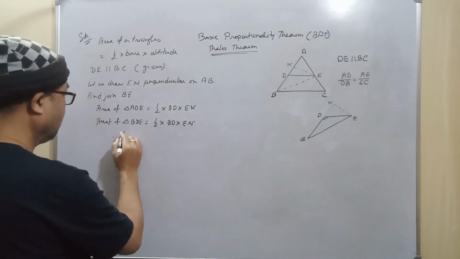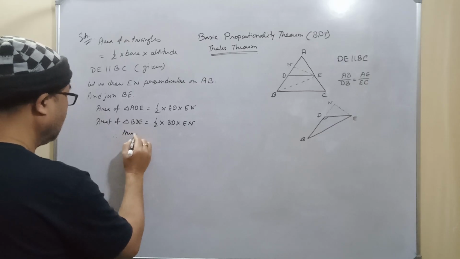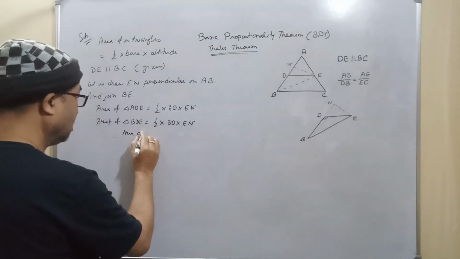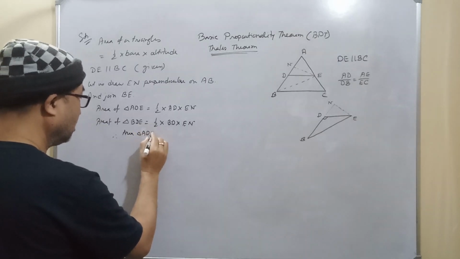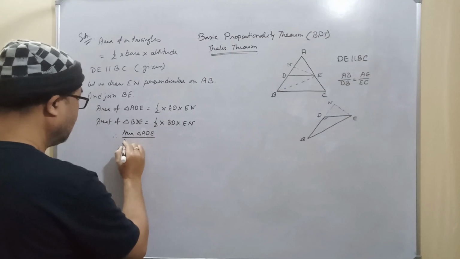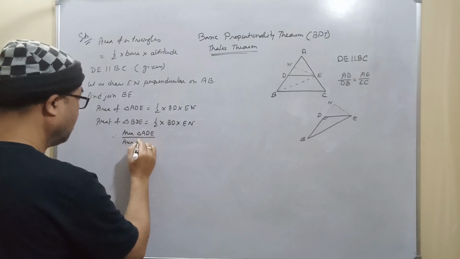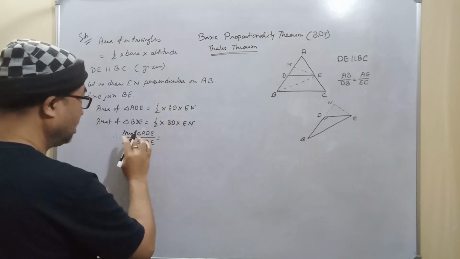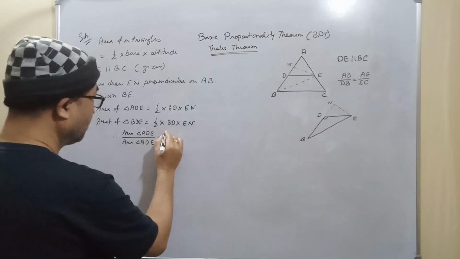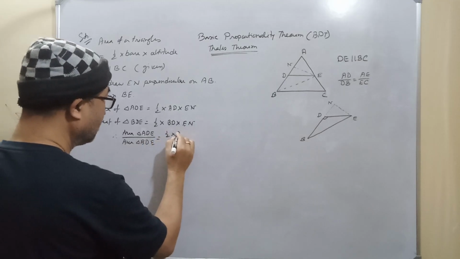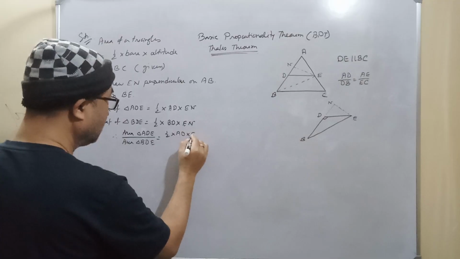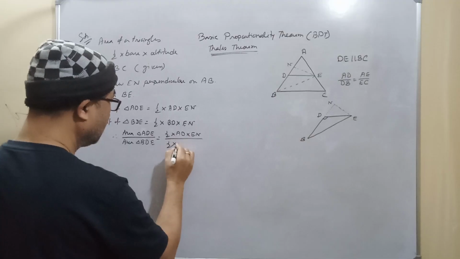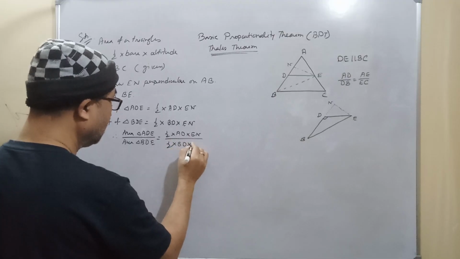Hence, area of ADE divided by area of BDE is half of AD into EN divided by half of BD into EN.